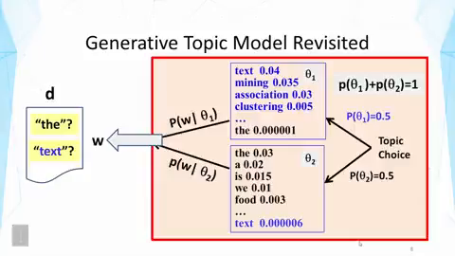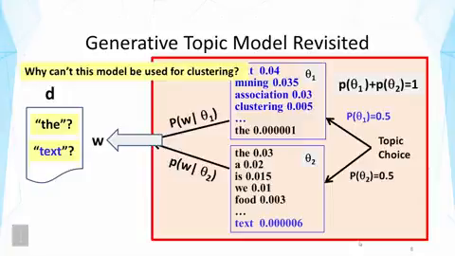So now that means we need to modify the model. But how? Well, let's first think about why this model cannot be used for clustering. As I just said, the reason is that it has allowed multiple topics to contribute words to the document. That causes confusion because we're not going to know which cluster this document is from. More importantly, it's violating our assumption about the partitioning of documents into clusters.